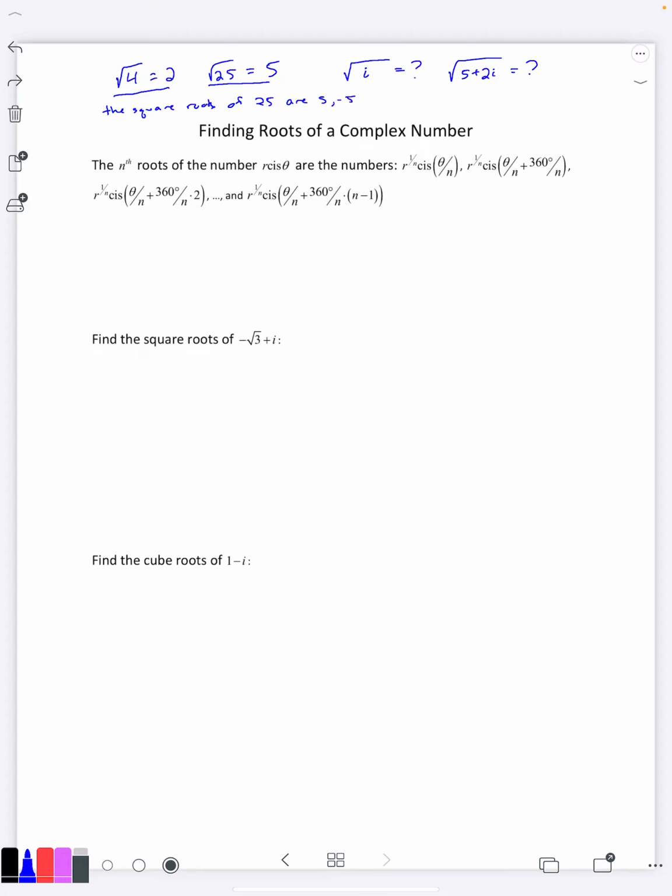So there are in fact two square roots to every number. The difference is if we use the specific square root symbol, then we mean just the positive answer. And if we say square roots in general, we mean both the positive and the negative. It's important for us to distinguish between what's being asked on a problem.